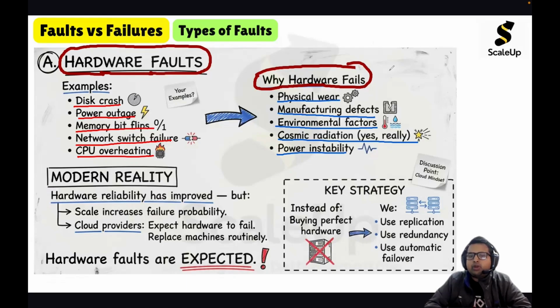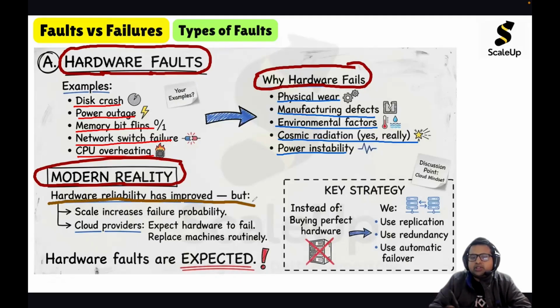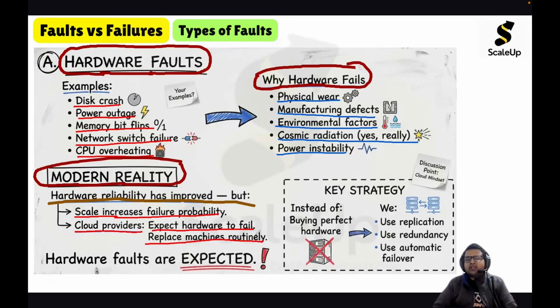Now, if we talk about modern reality, hardware reliability has improved, but still, with scale, failure probability increases. Cloud providers also expect hardware to fail, and they keep on replacing machines routinely. Modern reality is scalable applications, and we already saw that with scale, failure probability increases.